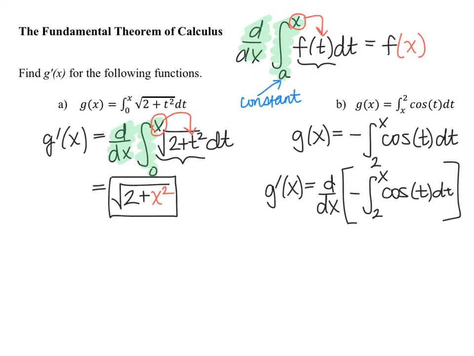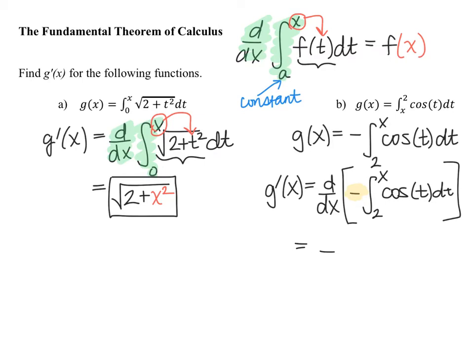Now this negative in front here functions like a -1 times this integral, and we know that when we're taking the derivative of a constant multiplied by a function, the constant is just along for the ride, I say. In other words, the constant's just going to be part of our answer. So we're going to have a -1 multiplied by the derivative of the integral.